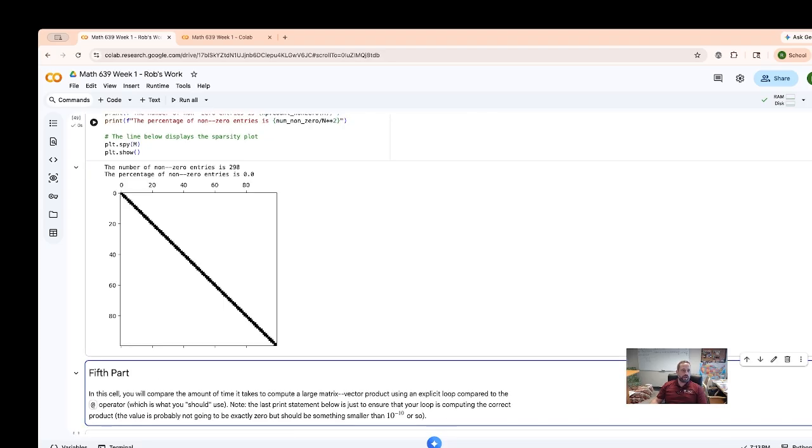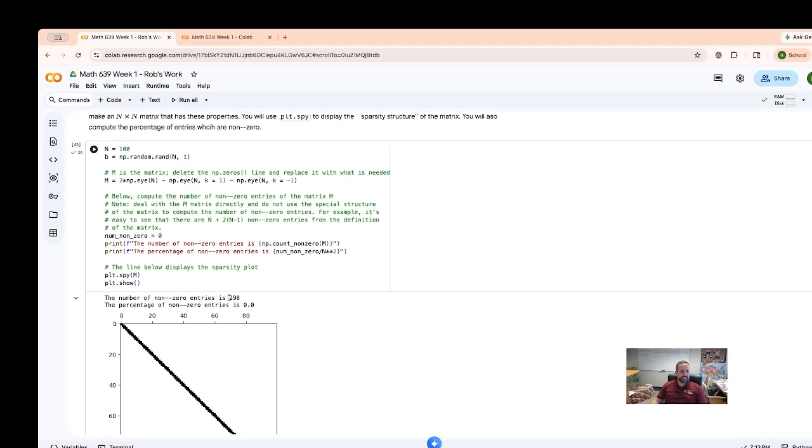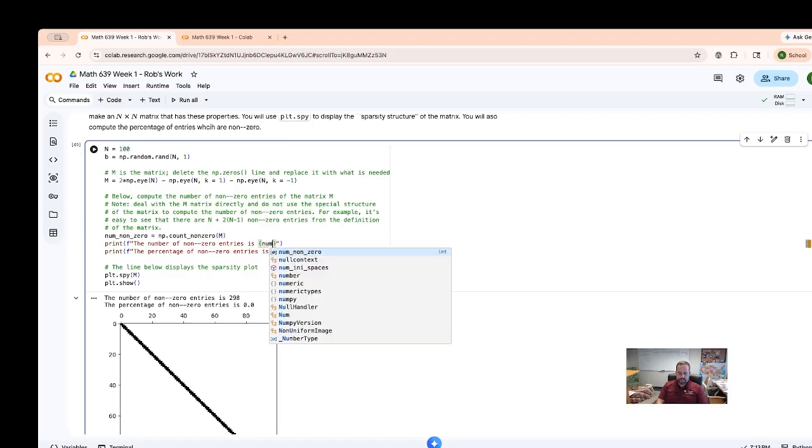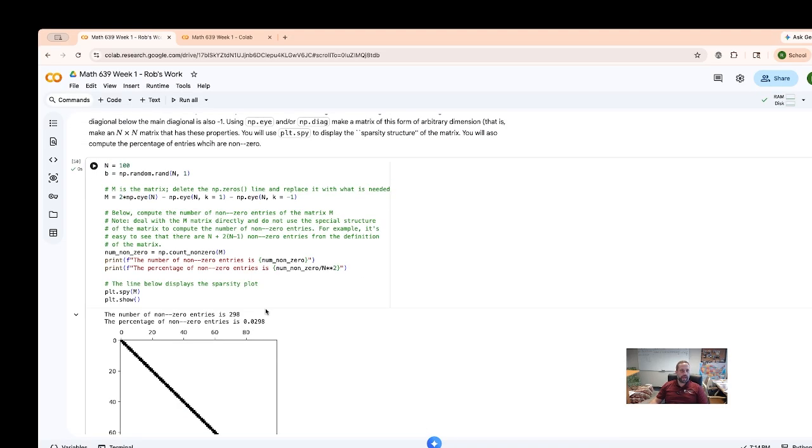This is what we have now, and it gives us the exact same thing. I'm still going to put this num_non_zero. That's exactly what we get.